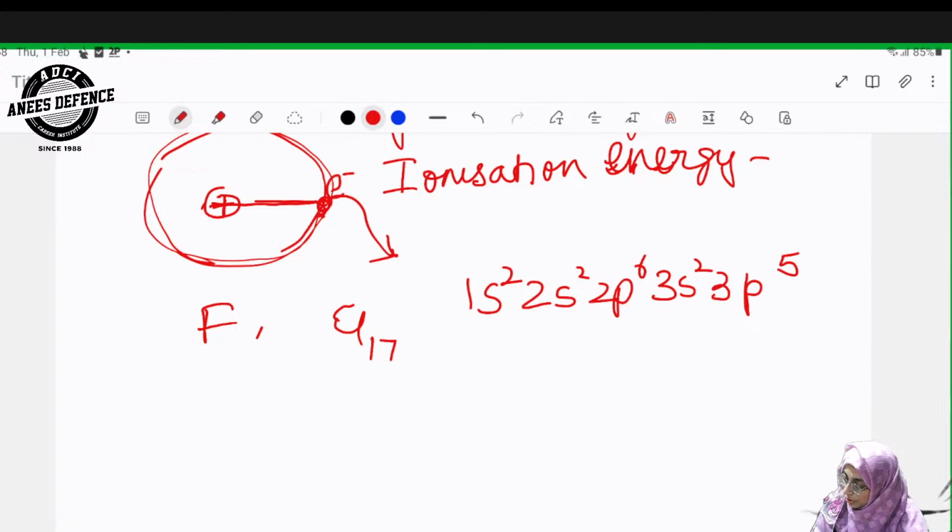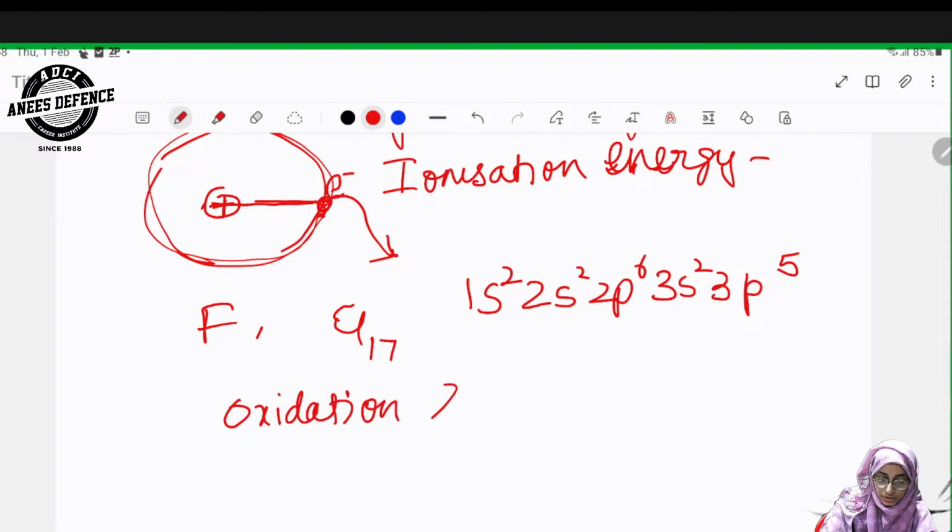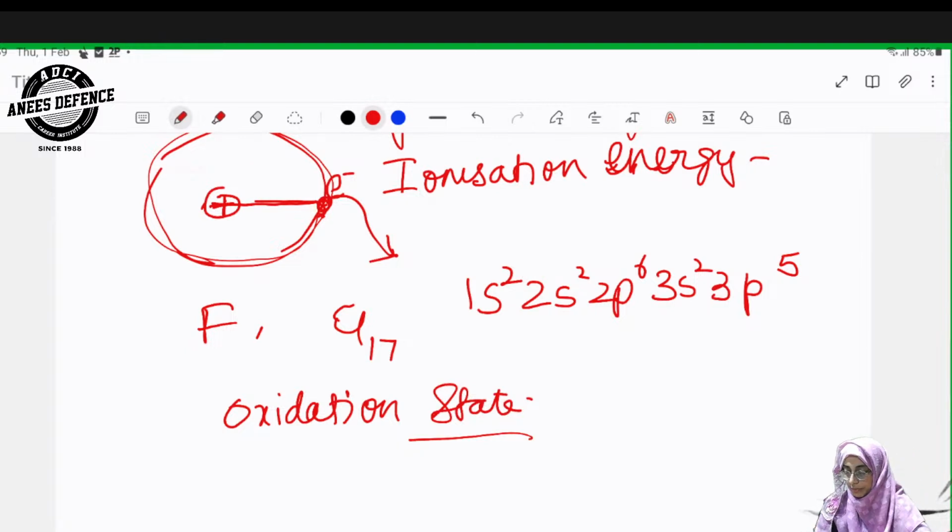You know oxidation number, oxidation state? Oxidation state means the charge on the element. We'll discuss it later in detail. They have high ionization energy.